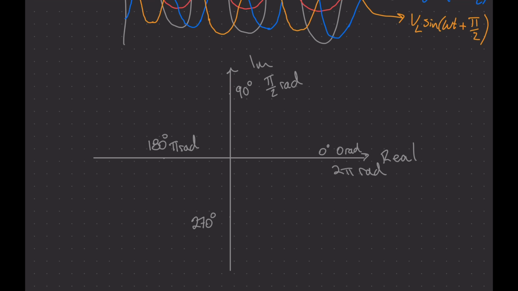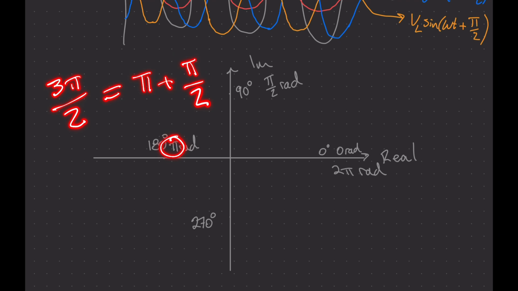Let me actually think about this. So here we have 2 pi, here we have pi. Here it's pi over 2. So from 0, you add pi over 2 here, then you add another pi over 2, then you add another pi over 2. So pi plus pi over 2 equals, if we put these under common denominator, it is 3 pi over 2.